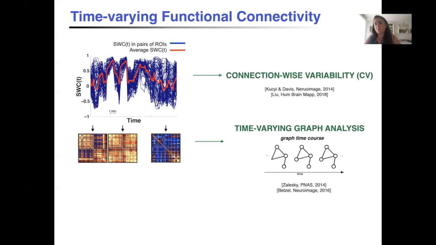So time-varying graph analysis, for which we have some examples in literature. For example, you could look at graph properties and how they evolve in time.